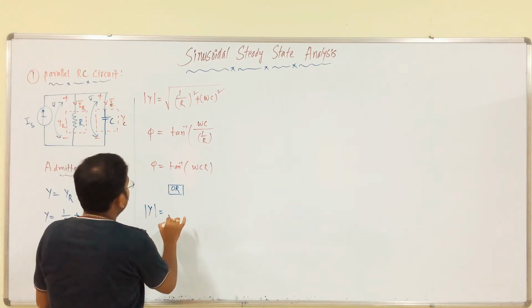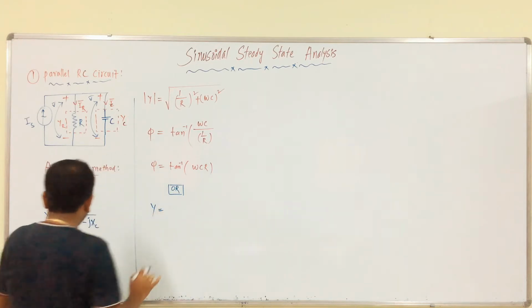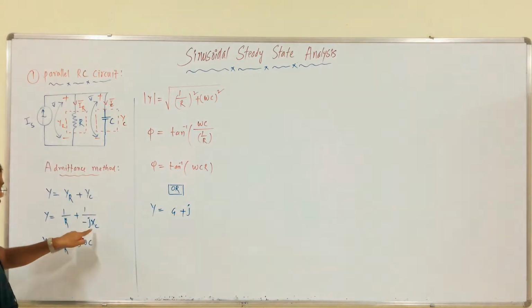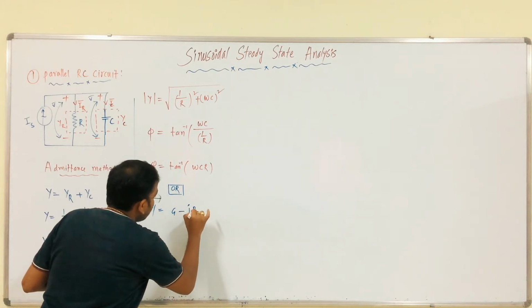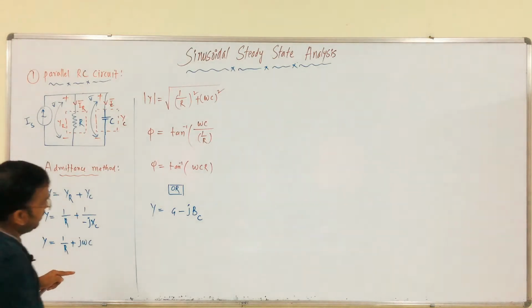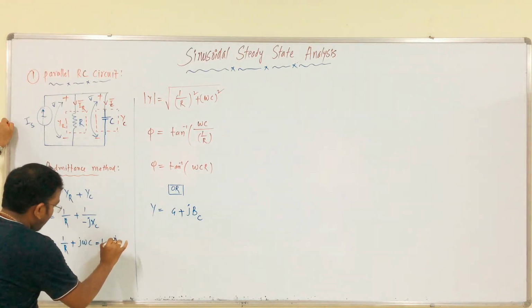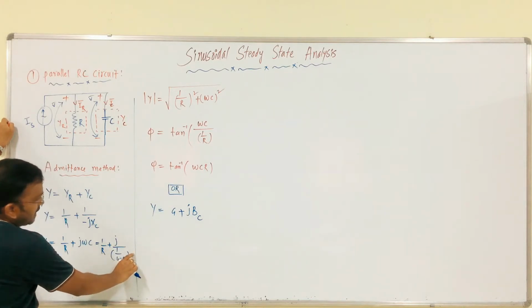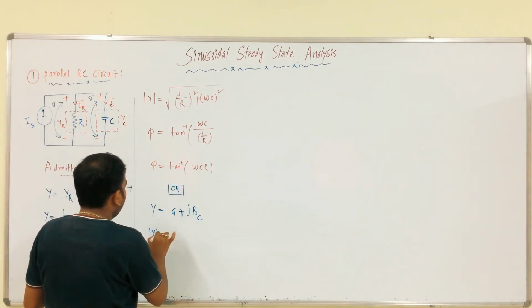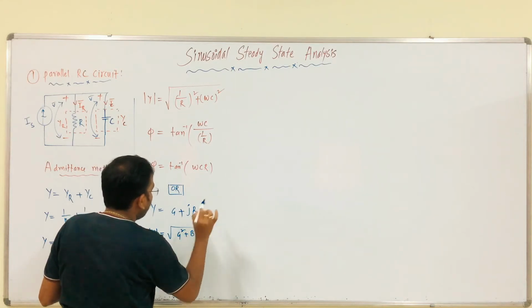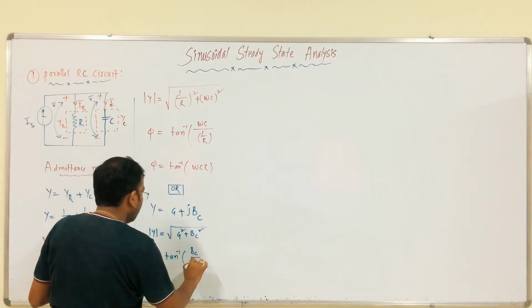Or we can write Y is equal to, in place of 1 by R, we write G, so Y is equal to G plus j BC, where BC is the capacitive susceptance, 1 by XC, which is omega C. So from this, mod Y is the square root of G square plus BC square, and the angle is tan inverse BC by G. Clear?